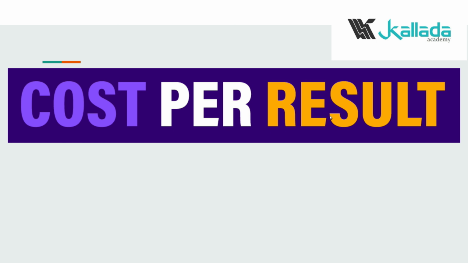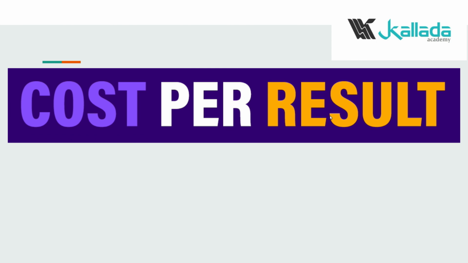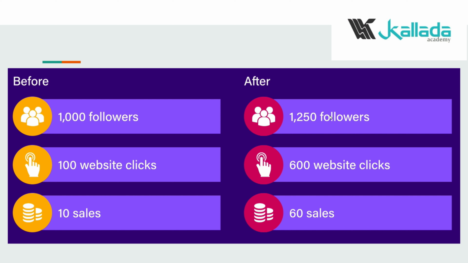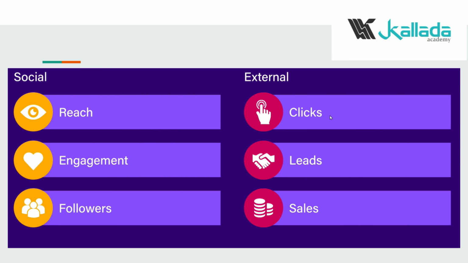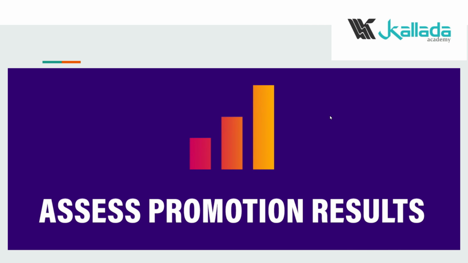Having said that, I hope you got a fair understanding of these different metrics that we focused on in this video. That's it for this video, and we will be coming back with further videos for you to understand.